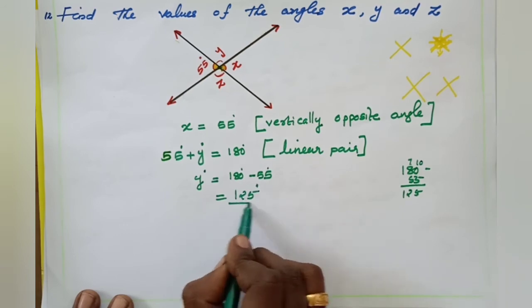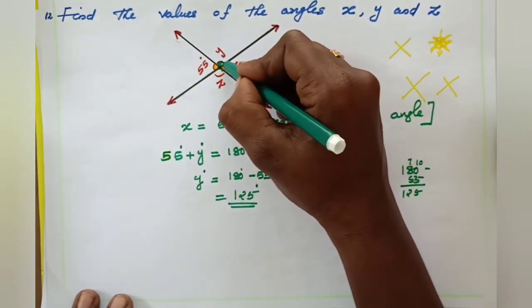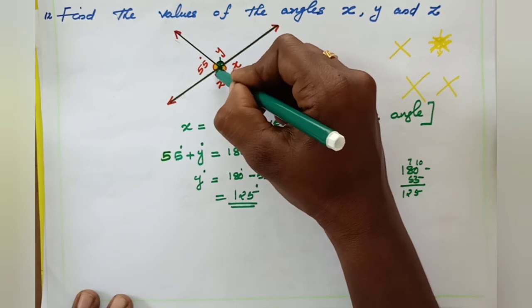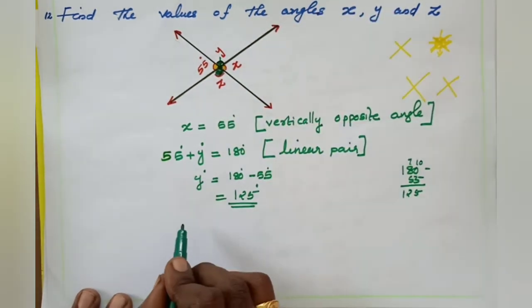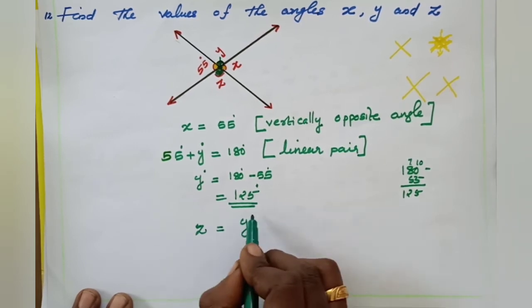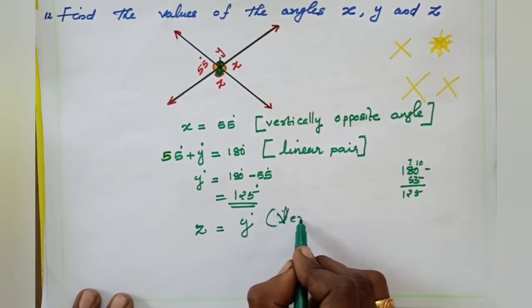So this is the 125 degree y. Listen, y and z are vertically opposite angles. So z equal to y.